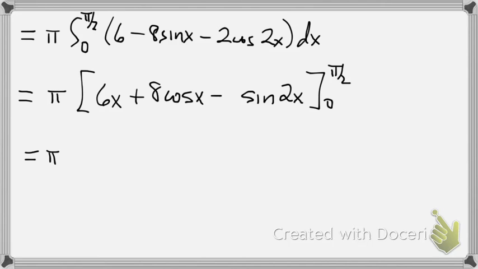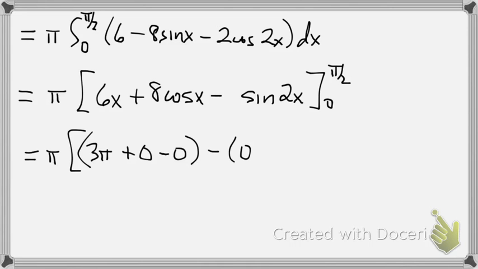All right, so let's see what happens when I plug in. So I've got pi, that's going to be 3 pi plus 0 minus 0, because cosine of pi halves is 0, and sine of pi is 0.